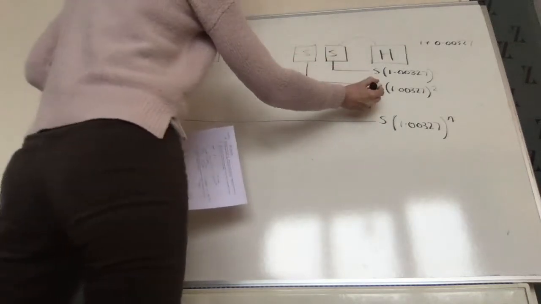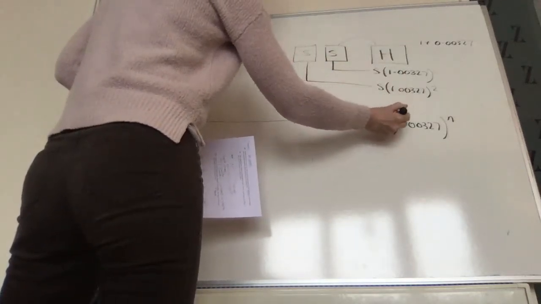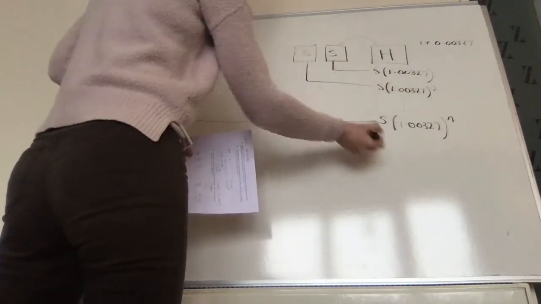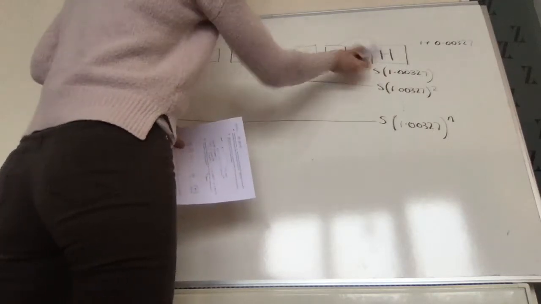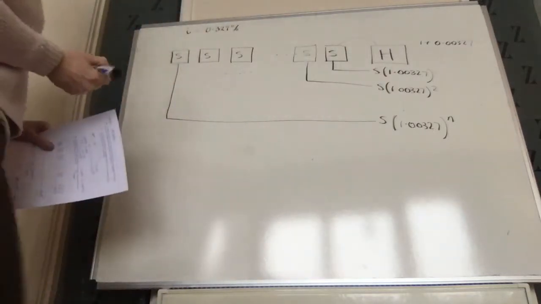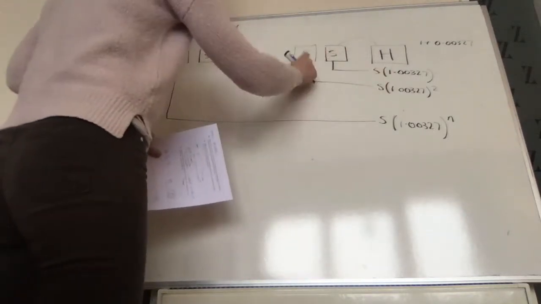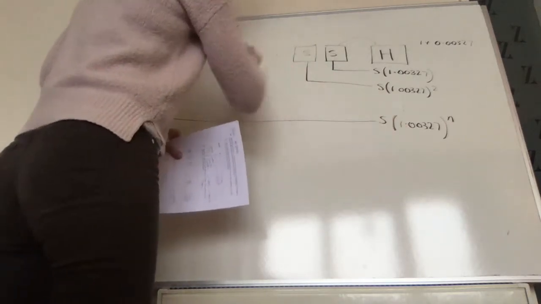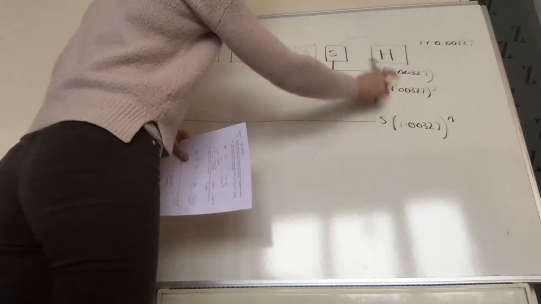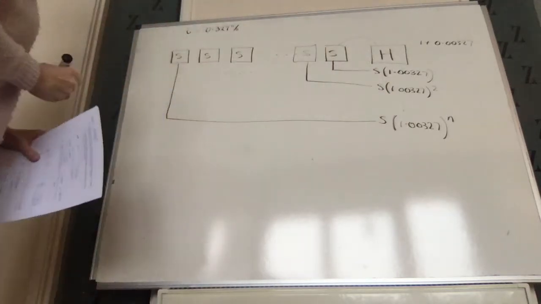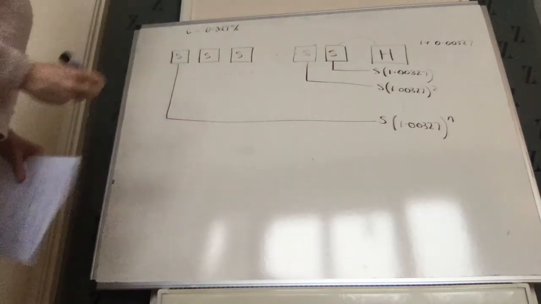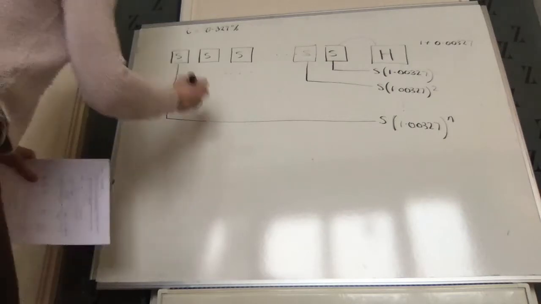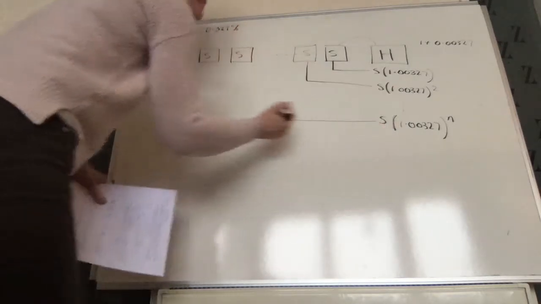And we want to find the S such that the sum of all of these contributions adds up to the H that she wants. So this will be worth this in a month, this will be worth this in 2 months, this will be worth this in n months, and so on. So the sum of all of these has to give us the 15,000 that she wanted, her car. Okay, so that is a geometric series.